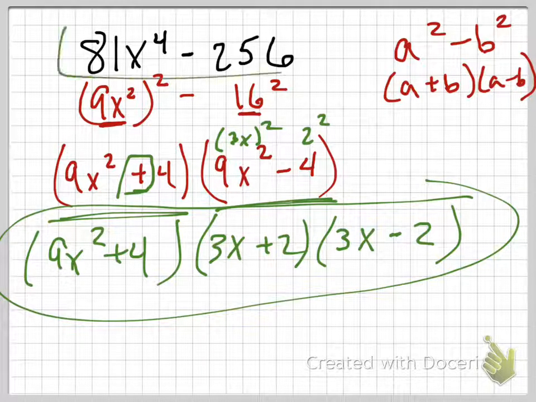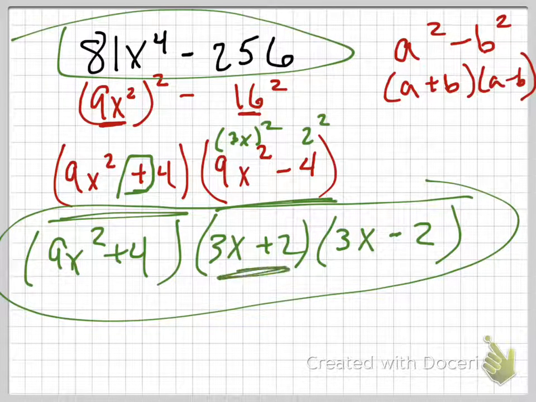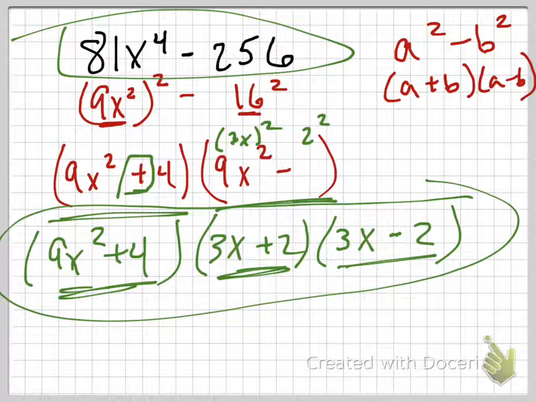And then check it. Always check to make sure it's factored. Can these be factored anymore? No. Can this be factored anymore? No. Oh, notice I did make a typo right here. This right here should be 16, which means these two should be 4. Sorry about that mistake I made there.